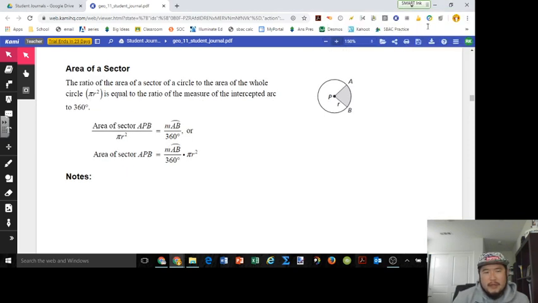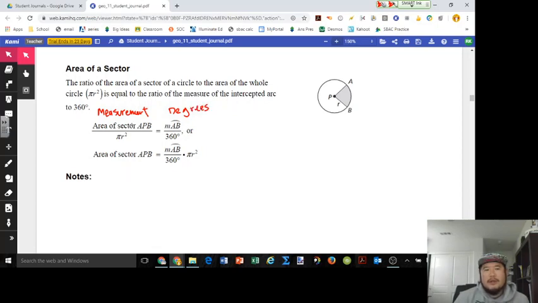So similar to finding the arc length of something, we have in our equation, on the left side of our proportion, this will be dealing with measurement, okay? Measurement specifically being area. Over here on the right-hand side, once again, we're going to be dealing with degrees.